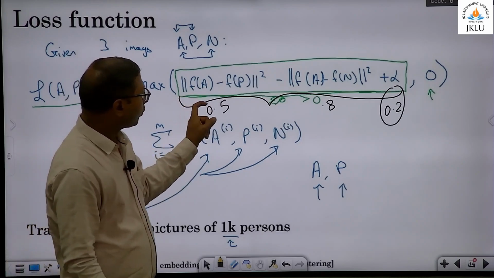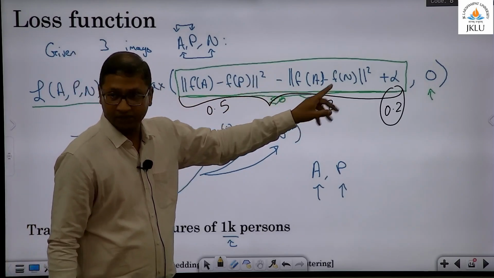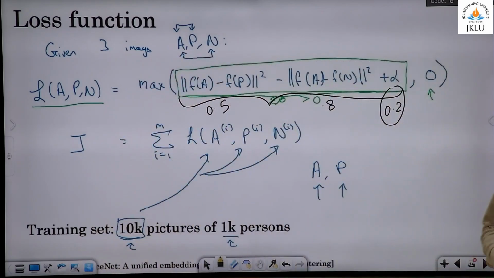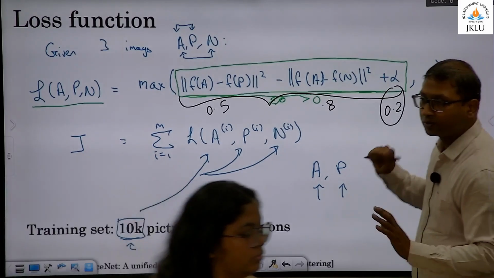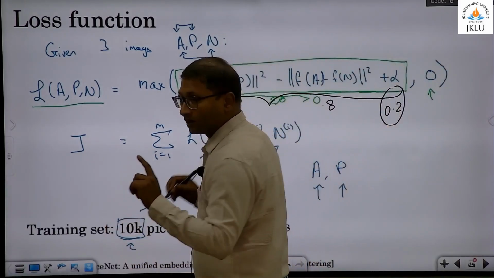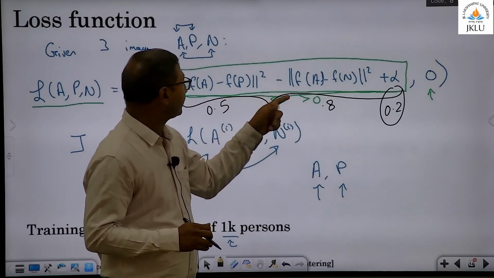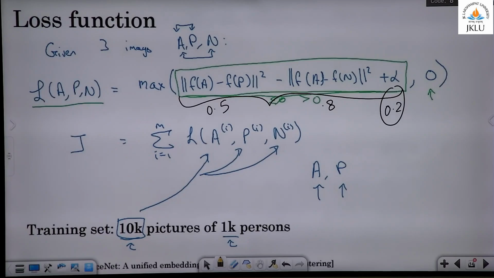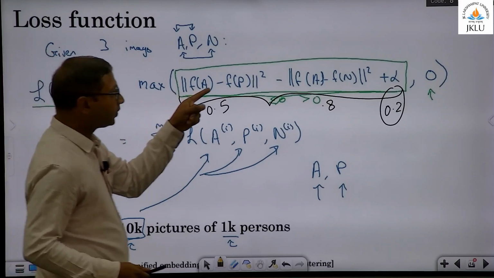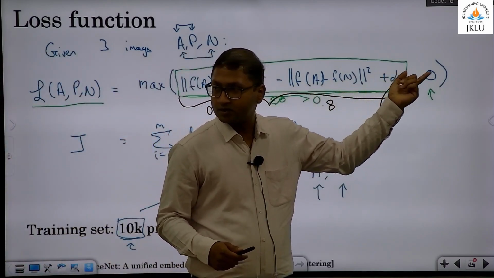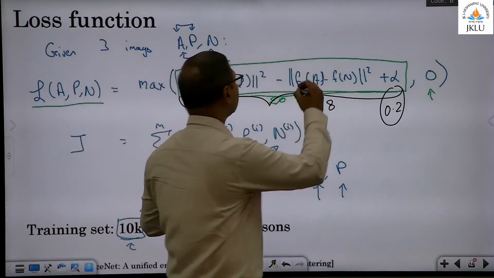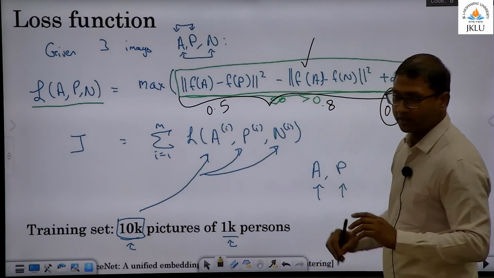Okay. So 0.5 minus 0.8 is minus 0.3, which is smaller than minus 0.2. So this is fine. In this case, what will be my loss? 0, because the max of minus 1 comma 0 will be 0.